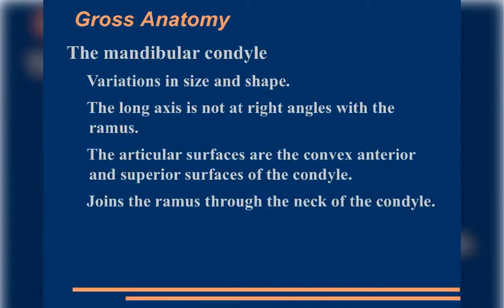Mandibular condyle has variation in size and shape. The long axis of the condyle is not at right angle with the ramus. The articular surfaces are the convex anterior and superior surfaces of the condyle. It joins the ramus through the neck of the condyle.